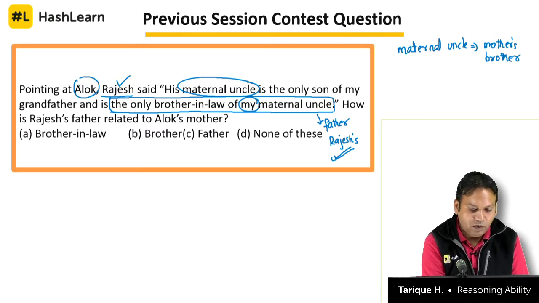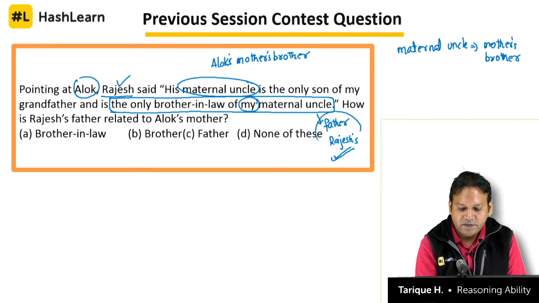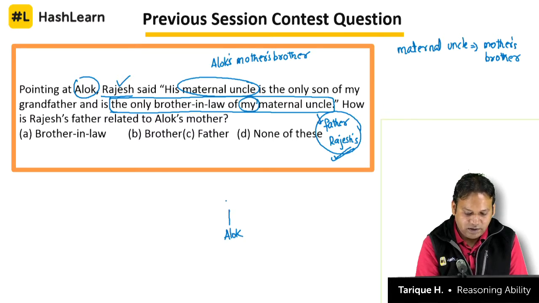Clear? See, Alok's maternal uncle. So, Alok's mother's brother is Rajesh's father. Clear? So, Alok has a mother.